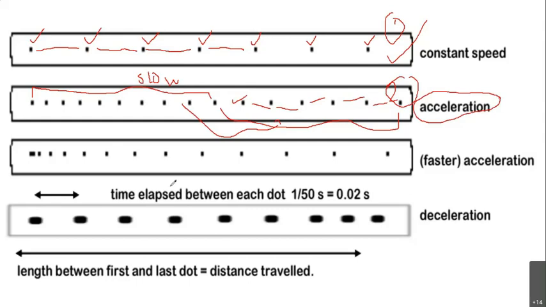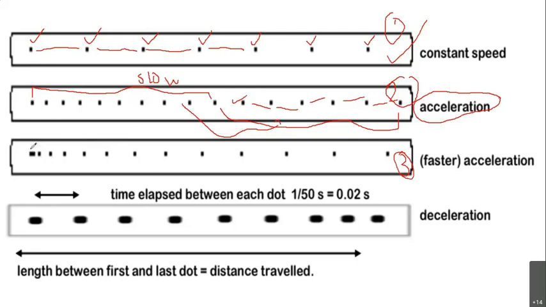Okay. Compare it to number 3. Number 3 is also accelerating, but this one is accelerating at a much, much faster rate. Okay, so number 2 is sort of a gradual speeding up. Number 3 is a very instantaneous acceleration.